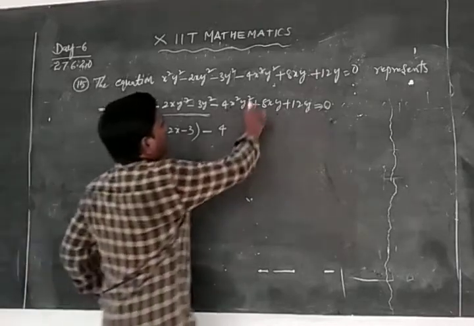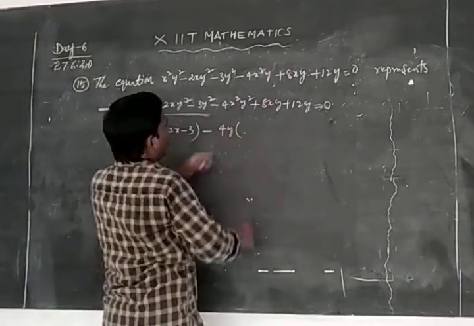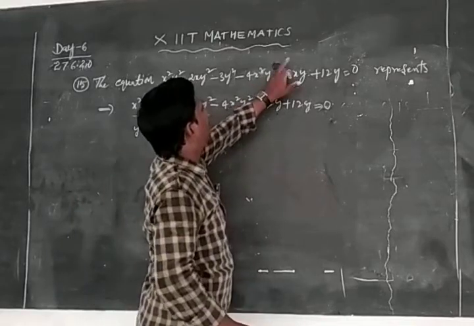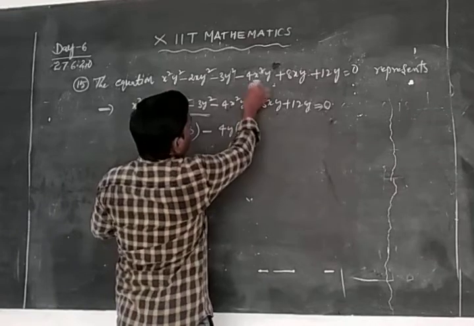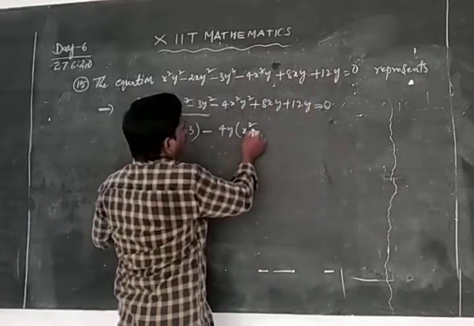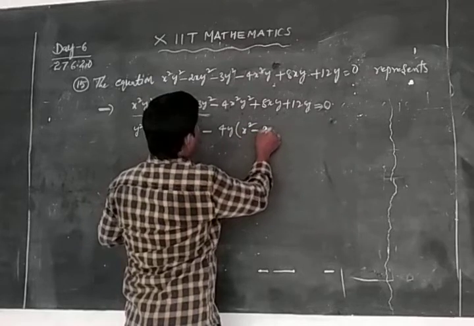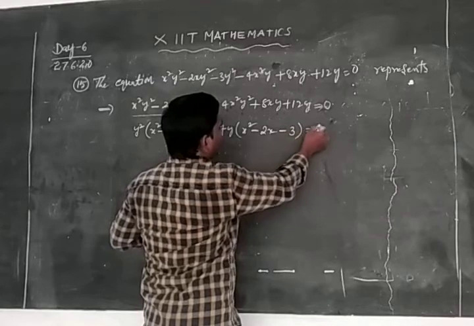It is not y square, 4y should be common. Taking 4y common, we get 4y into x square minus 2x minus 3 equal to 0.